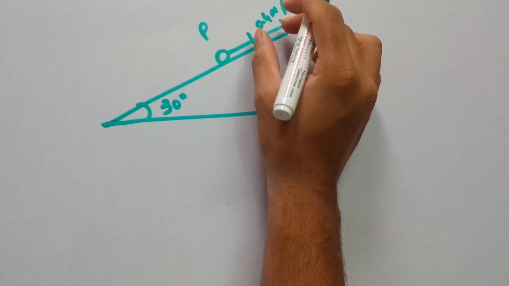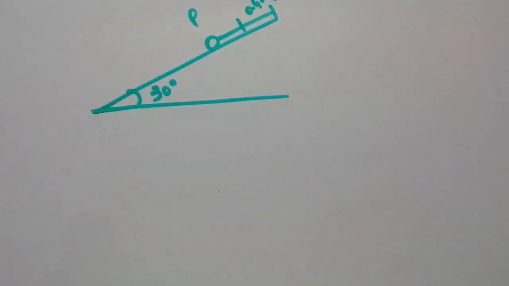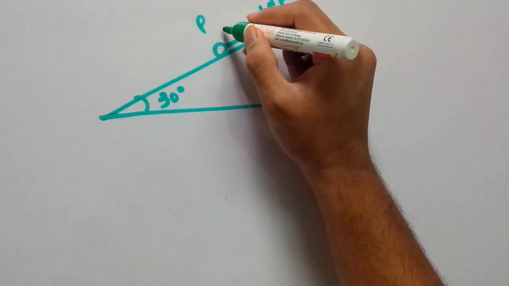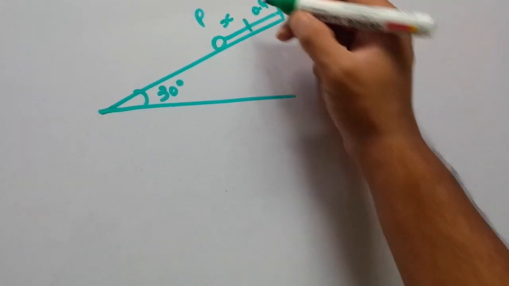Let's assume that this is the natural length and the extension, let it be x meters.